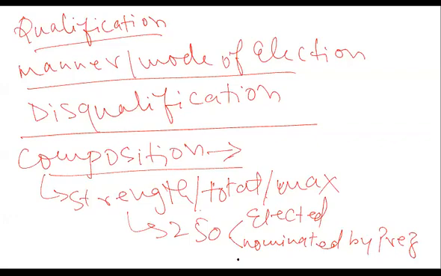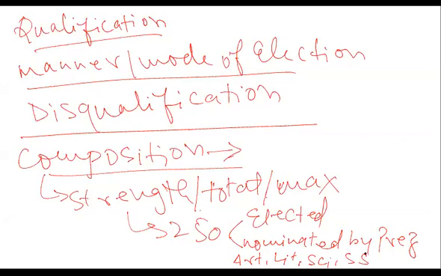From areas like art, literature, science, and social service. Yes, very good, 238 and 12. So these are some of the areas from which members can be nominated if they have excelled in art or literature or science or social service or any other area.